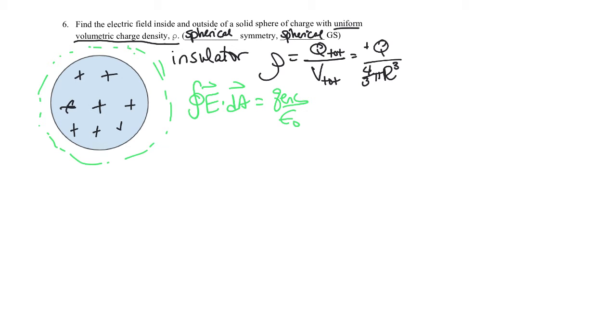All right, so outside we have a sphere again, so our area is 4 pi r squared. Our total enclosed charge is the entire sphere, so we called that Q, over epsilon naught. Boom. So, you knew this. It was just going to look like a point charge.